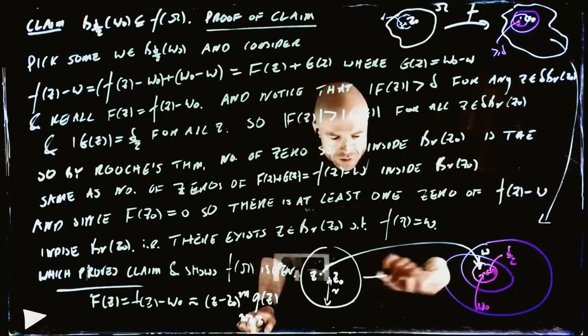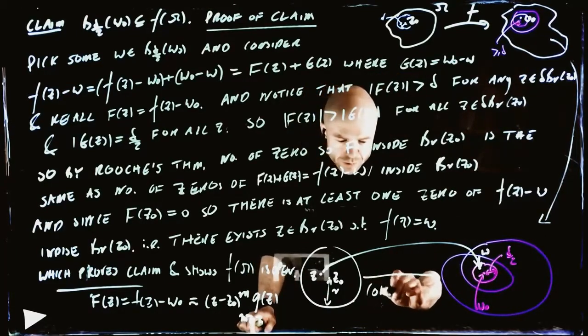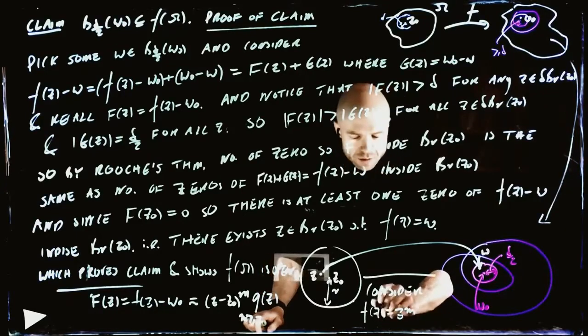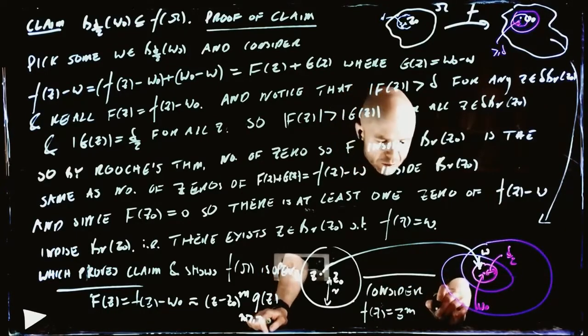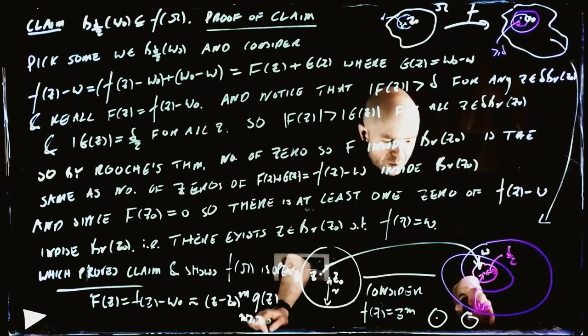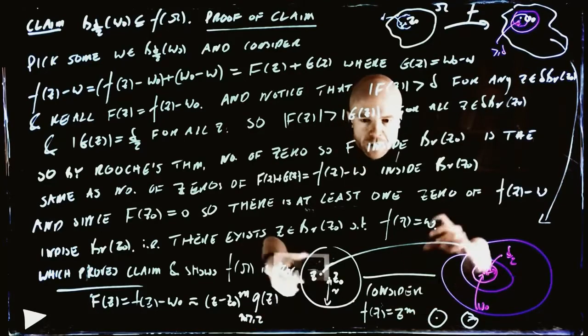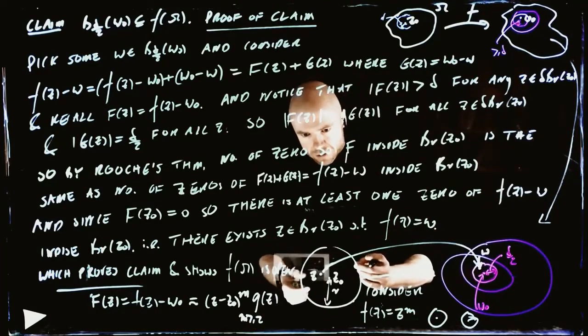Because look, consider the mapping f of z equals z to the m. Then 0 is sent to 0, but a small ball of radius r around 0 is mapped to a small ball of radius r to the m. And that's the worst thing that this can do in terms of compressing space.